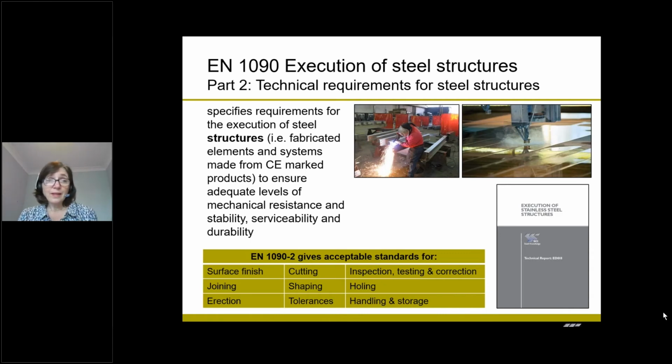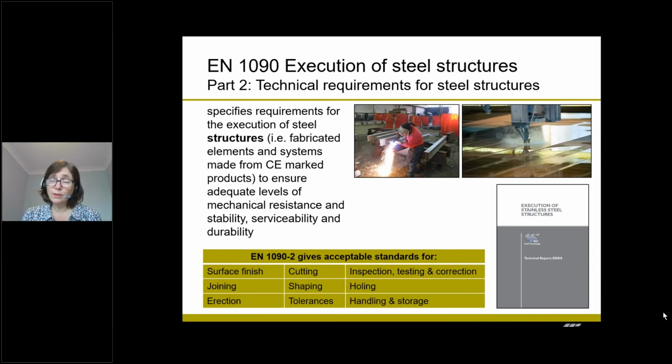EN 1090 Part 2 gives the technical requirements, and the good news is that it covers stainless steel as well as carbon steel. The stainless steel rules are fully integrated into this standard, so there's not a separate annex or anything. And it gives acceptable standards for the full range of activities, joining, cutting, shaping, etc.